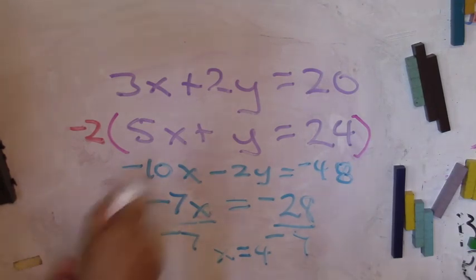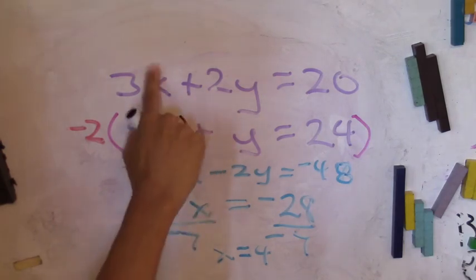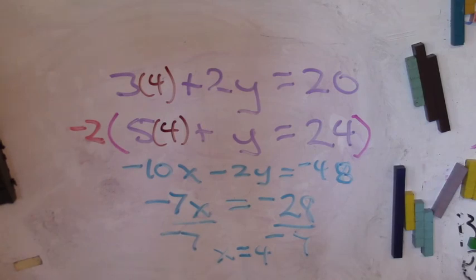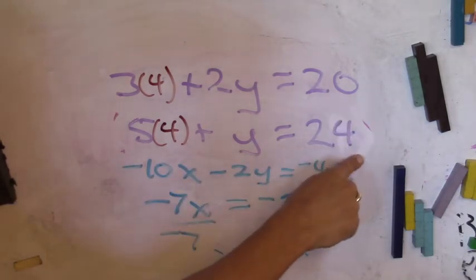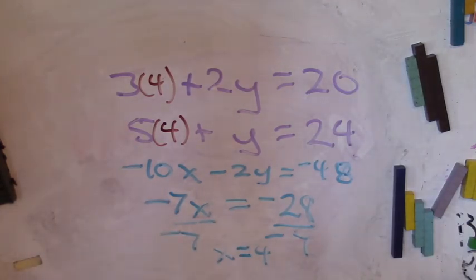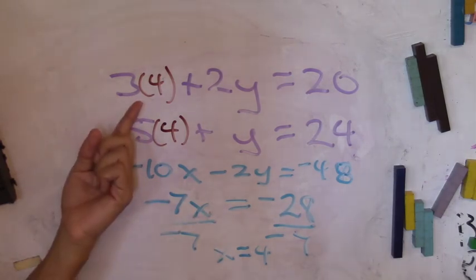Yeah. All right, so let's put 4 in for x and see if you can tell me what y is. Holy cow, there's like steam coming off the top of your head. This is not hard. What's 3 times 4? 3 times 4 is 28.